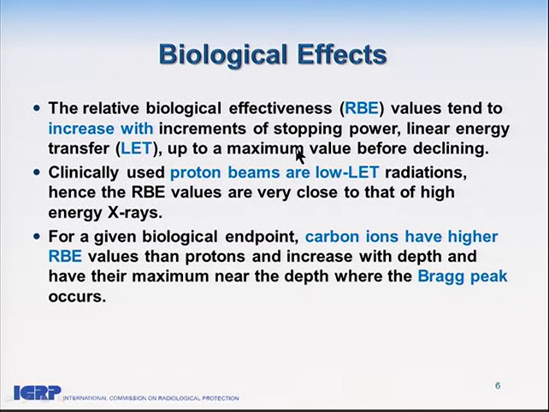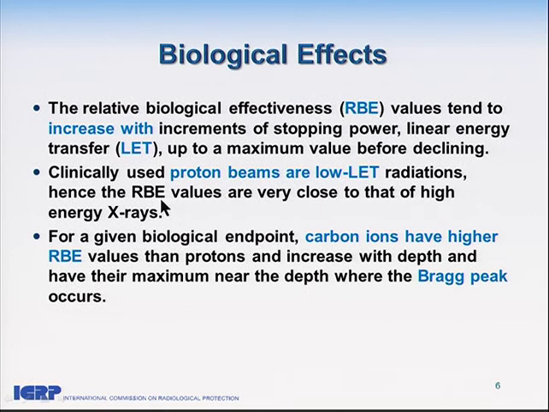So clinically used proton beams are low LET radiation. Therefore, RBE values are very close to that of high energy X-rays. There's not much difference. But for the carbon ion beams, there's a big difference.